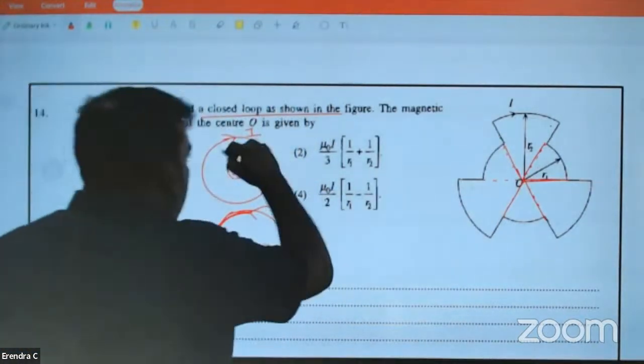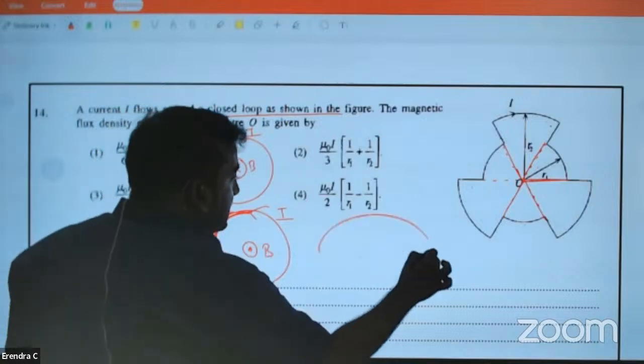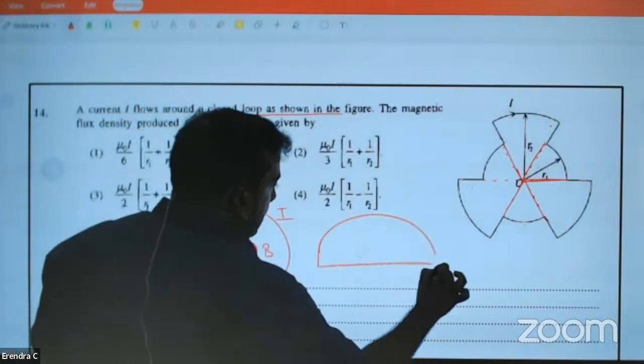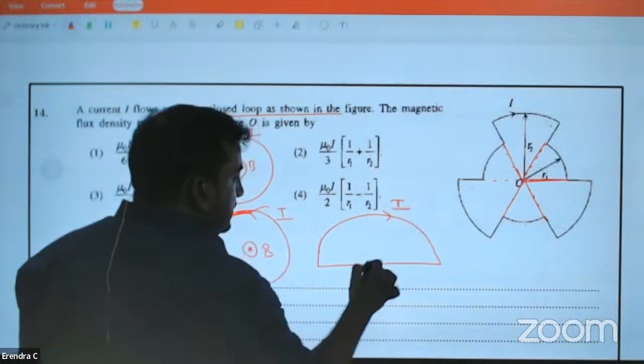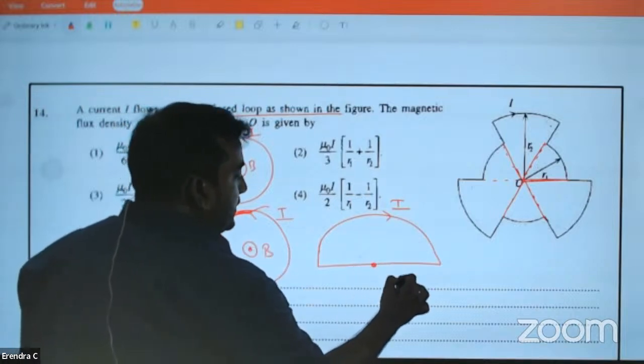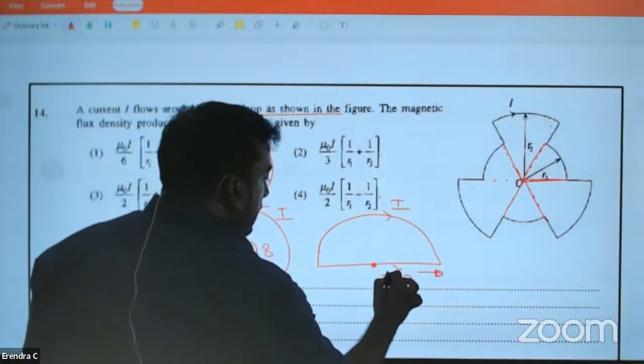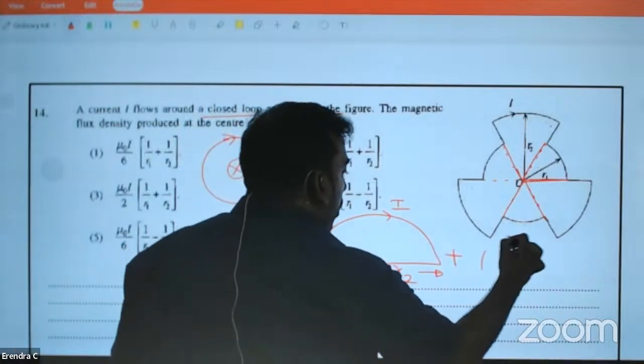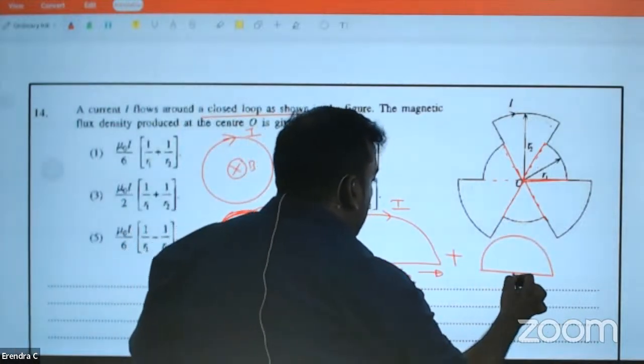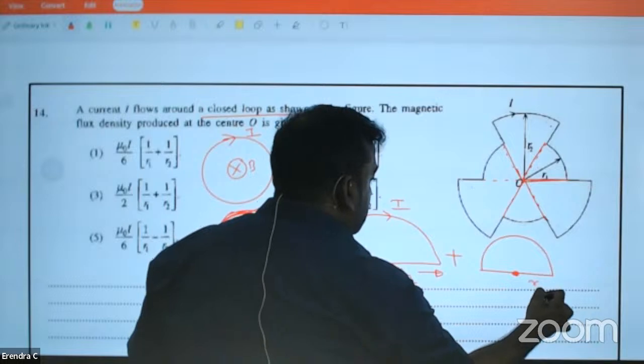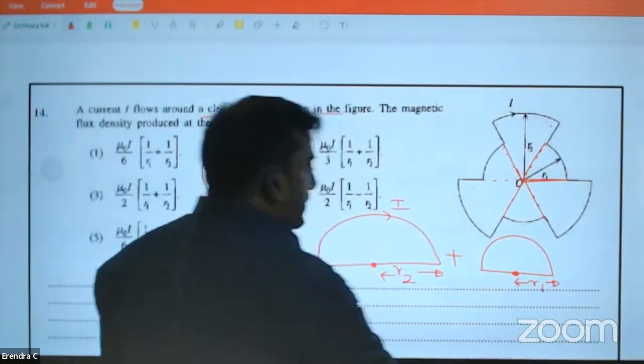Current is going clockwise. So big slicers 180 degrees, radius is R2, plus small slicers 180 degrees, radius is R1.